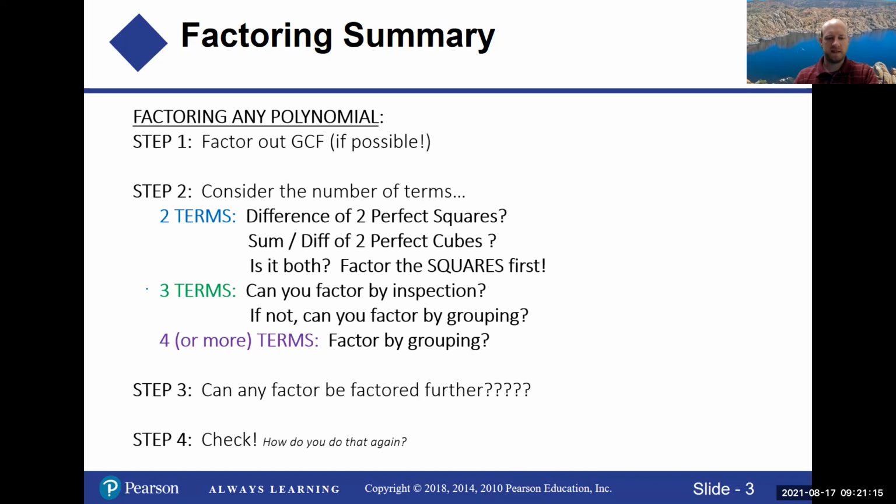Definitely when it's four terms. After you've finished factoring, you always want to check, can it be factored farther? And then the final step is to check. We would just distribute or multiply all the factors out, FOIL if that's applicable, and then see if it matches the original.